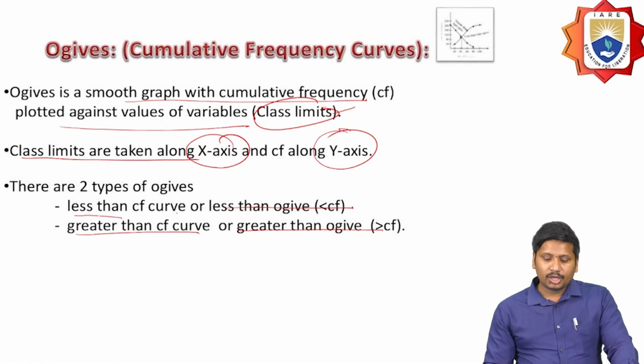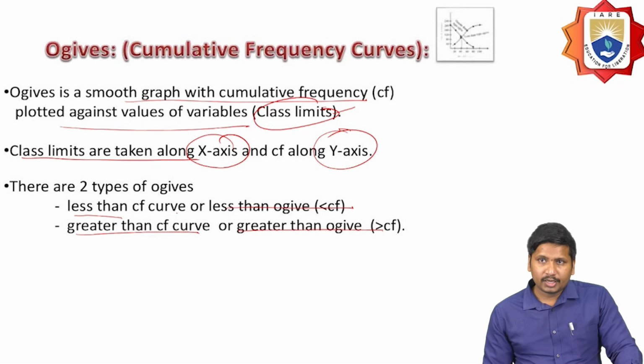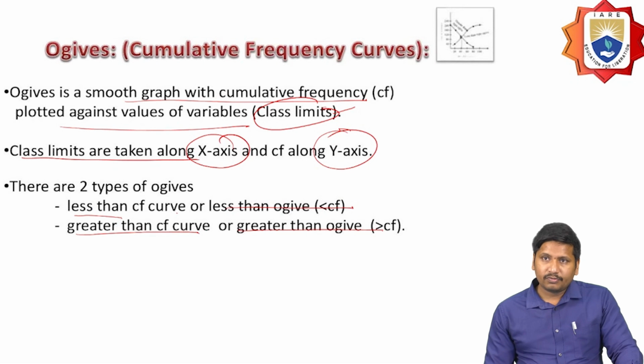And the ogive. An ogive is also a smooth graph, where the cumulative frequency is plotted with respect to the variables. The class limits are taken on the x-axis and the CF on the y-axis. There are two types of ogives: the less than CF curve and the greater than CF curve.